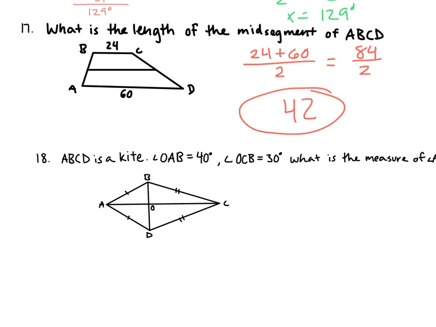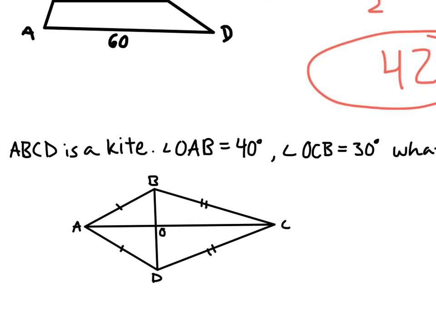Okay, so OAB is 40, good catch, and OCB is 30. What is the measure of ABC?